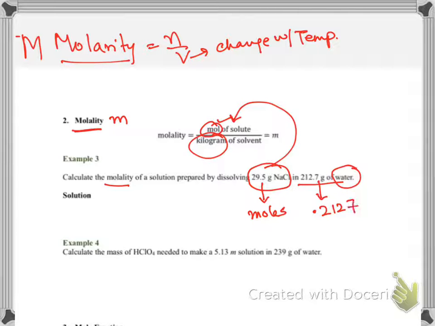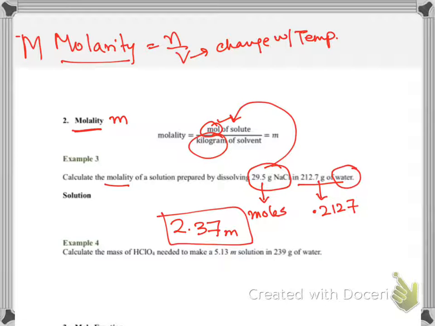0.2127. So once you convert these into moles and divide by the solvent, your answer should be 2.37 molality.